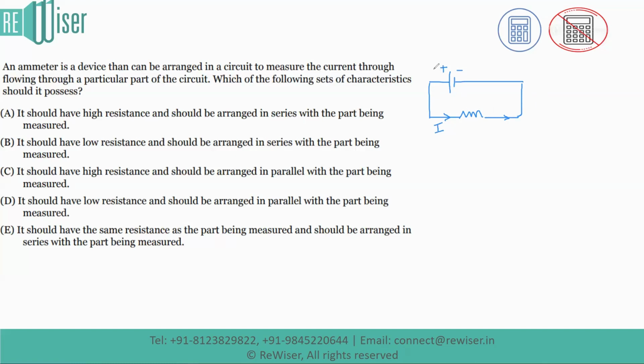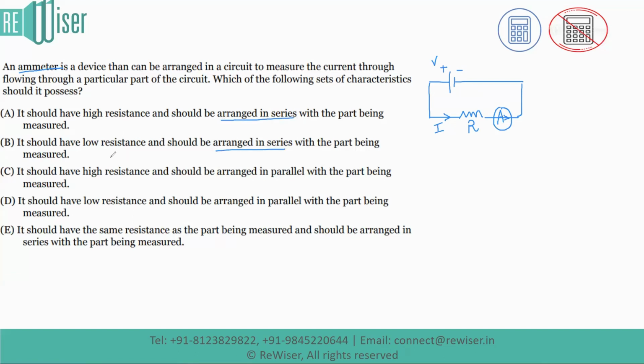So if I need to measure the current I across this resistor R, I need to make sure to connect my electrical component, which is the ammeter, in series with the device. This is how I would connect my ammeter.